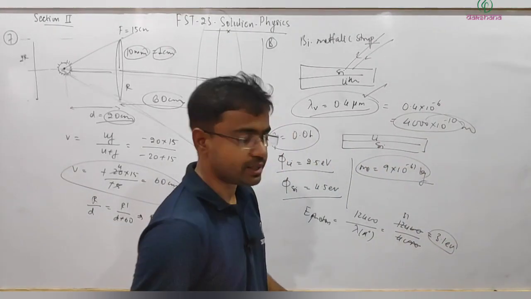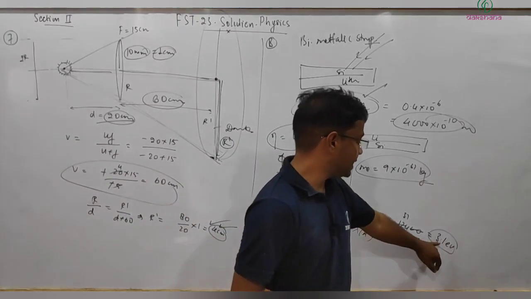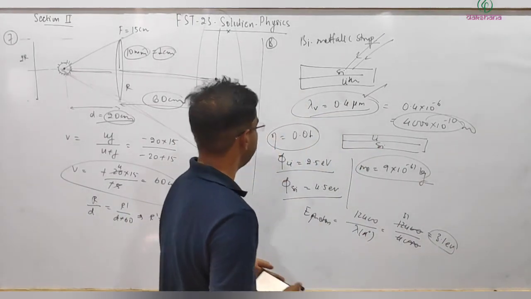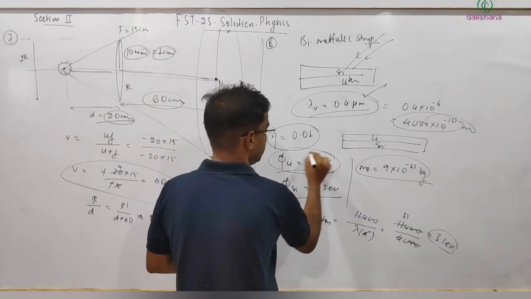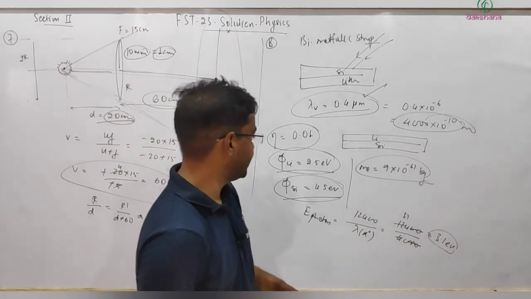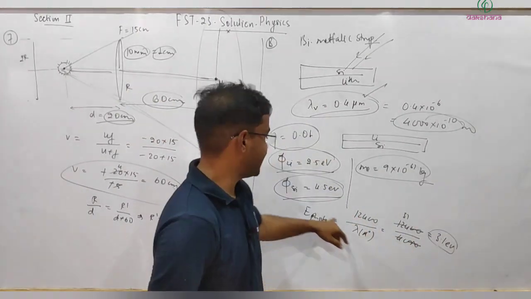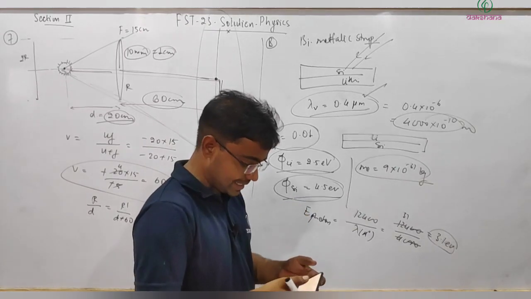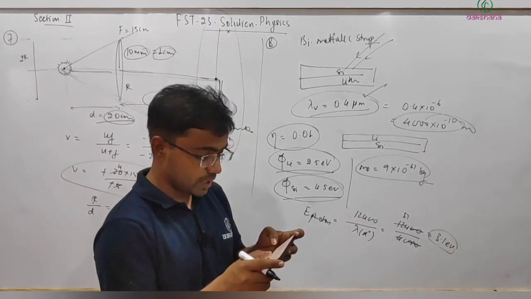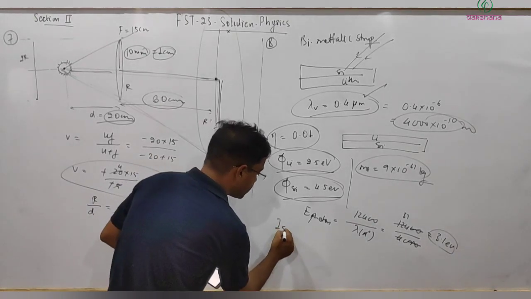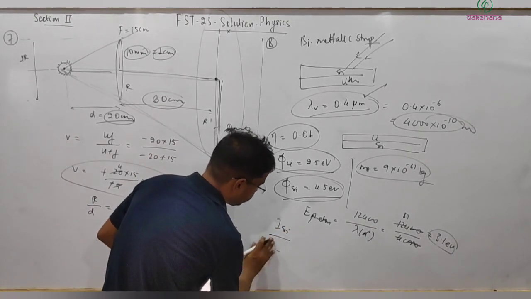So we have something interesting here: the energy of the incident photon is only 3.1 electron volt, and the work function for lithium is 2.5 electron volt, for silver 4.5. So do you think this photon will be able to eject an electron from the silver? It's definitely not. Now what it's asking is the ratio of the saturation current from silver, I silver, to I lithium.